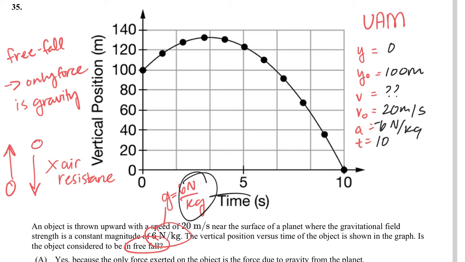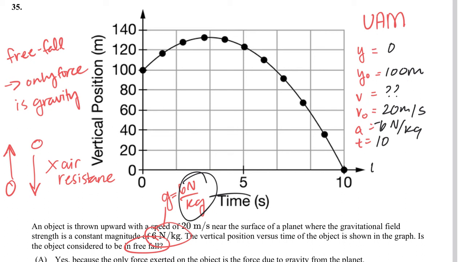So if the object is going to be thrown upwards, it's going to be experiencing a projectile path to where it goes from 100 meters to 0.